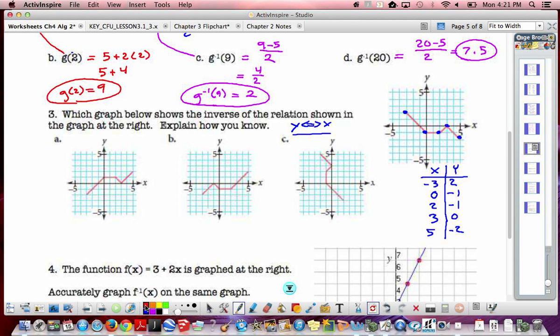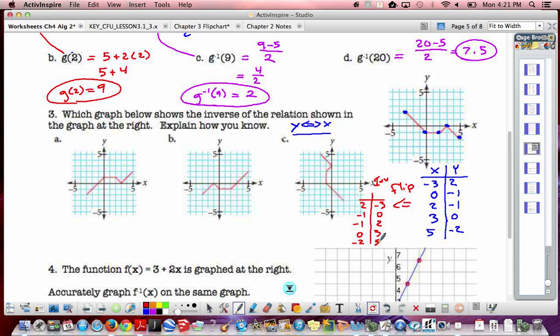To find the inverse, just like we did in number 1, flip them. So now our new points, and this would be the inverse, are now going to be located at 2, -3, -1, 0, -1, 2, 0, 3, and -2, 5.